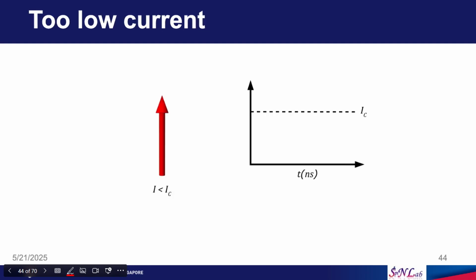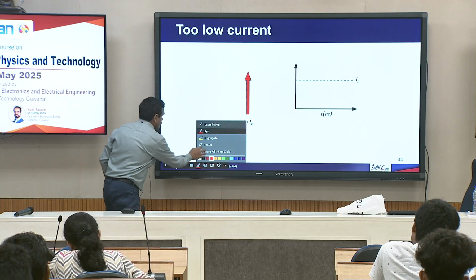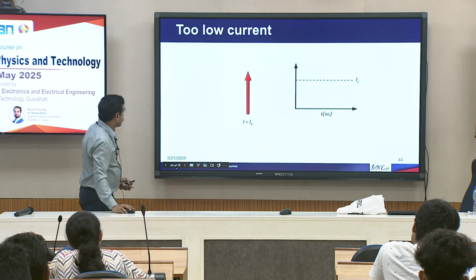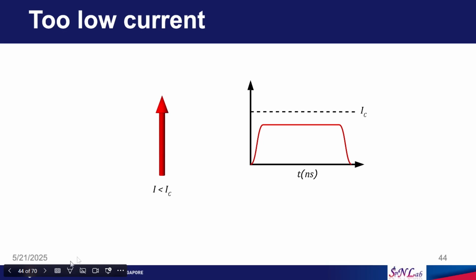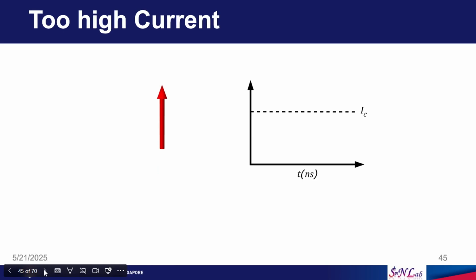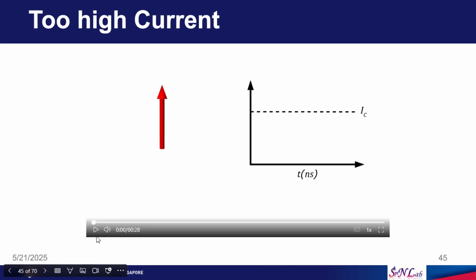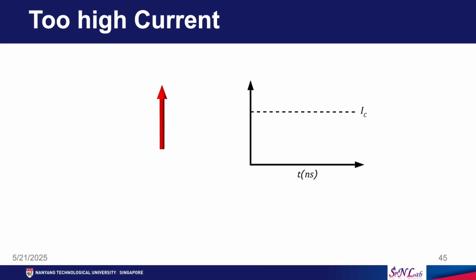Okay, so, I will show a few animations. Here, the current you apply in the pulse is below the critical current. So, you see that the magnetization just oscillated, then it did not switch. If the current is more than the critical current, then it can switch faster.